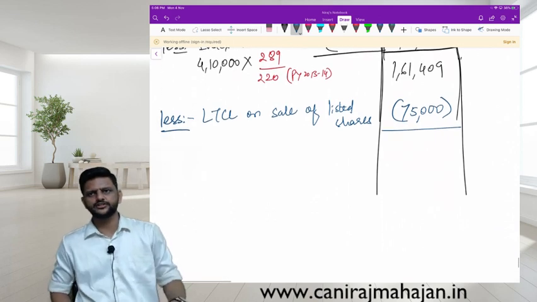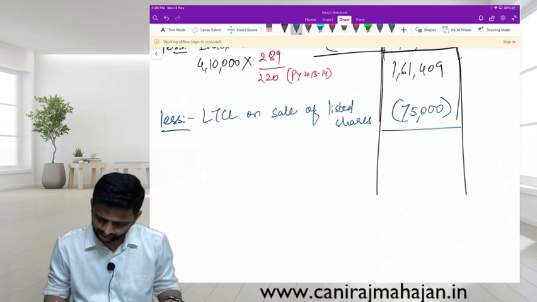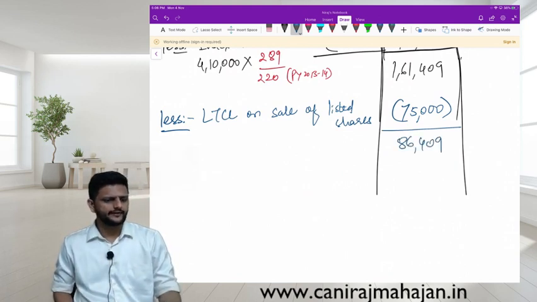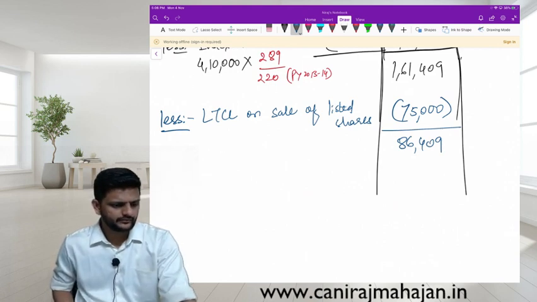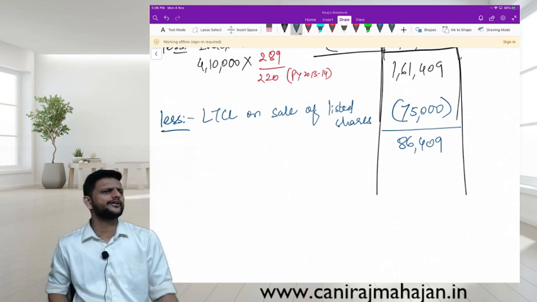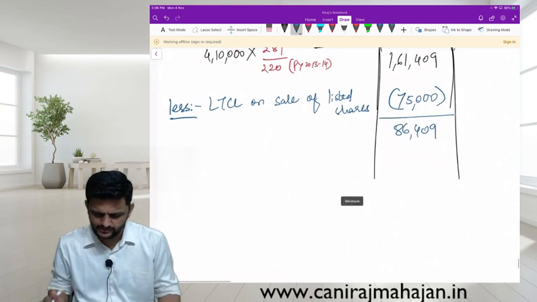Don't take outer column yet. Okay, now 86,409. 86,409. Right, no? Okay. Now, do we have anything to do with CG? Here we can reduce our unabsorbed depreciation. We are allowed to take it anywhere. Yes?